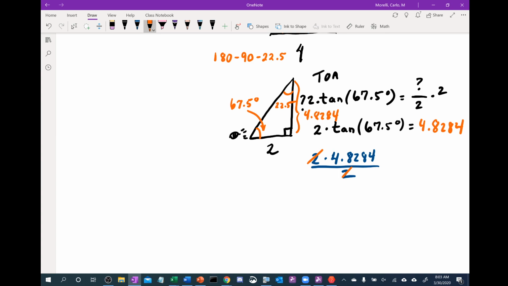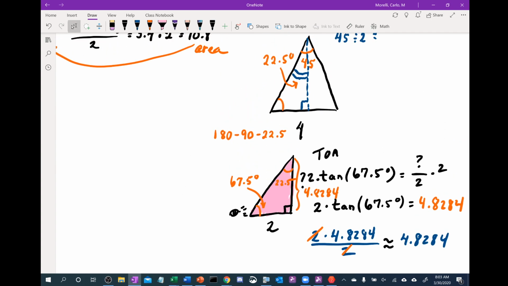That won't always work. But that means that the area of this triangle is equal to approximately 4.8284 meters squared, or units squared. Okay, that was half of this triangle. Okay, that's that area there.